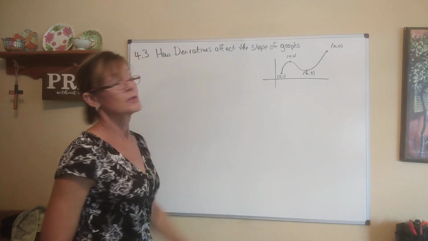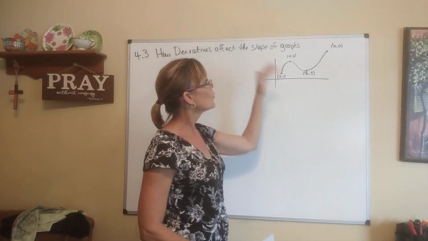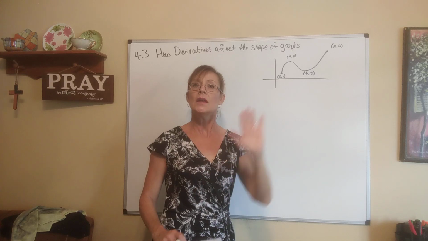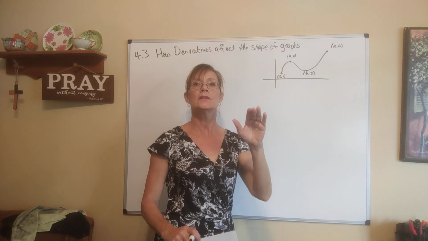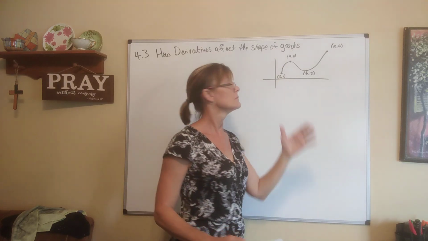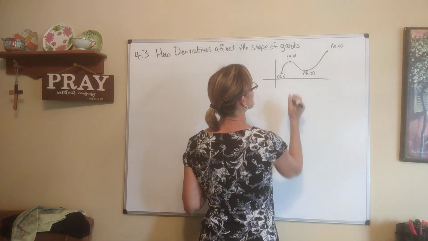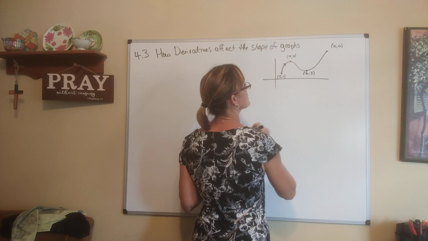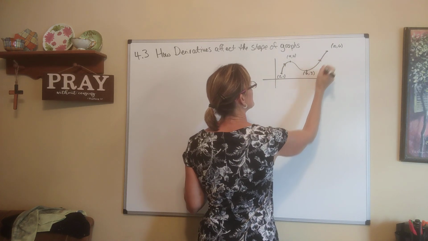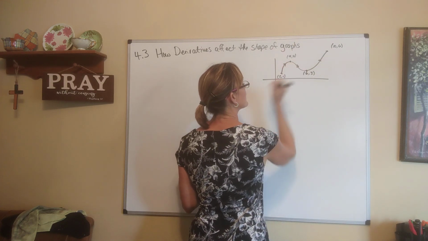This is something you learned to do a long time ago, but I just want to say, where is this function increasing and where is this function decreasing? We've known how to do this a long time. It's increasing where the function's going up, and it's decreasing where it's going down.